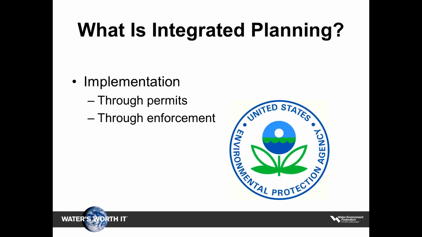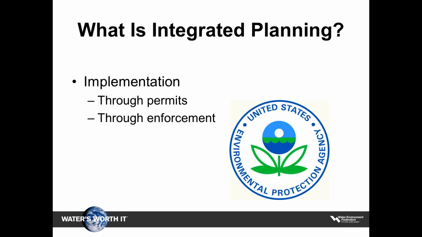And finally, implementation is part of the integrated planning framework, and implementation can be through any kind of enforceable document, permits. It could be a series of enforceable permits that contain progressive requirements dictated by your plan, or through enforcement. Now, as we'll talk about later, enforcement is the place that we've seen the most use of integrated planning so far, just because those communities who are in enforcement action have seen the greatest need for it.